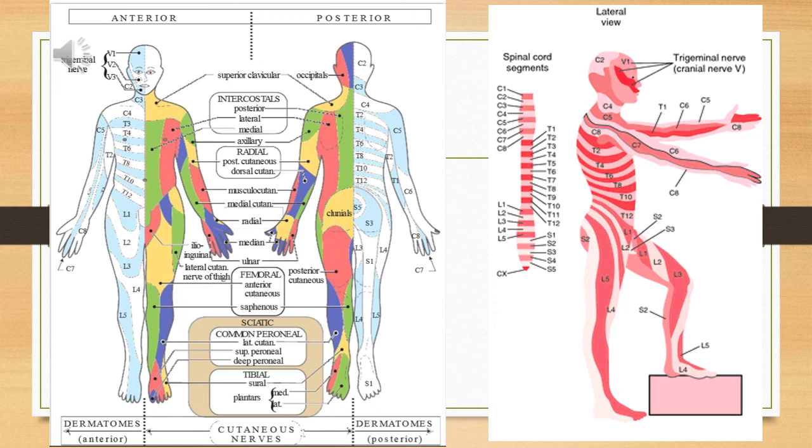As we can see, if we look anteriorly, the C6 dermatome will supply the lateral part of the arm, forearm, the thumb, and the index finger. For example, the L4 dermatome will supply the medial malleolus, and so on.